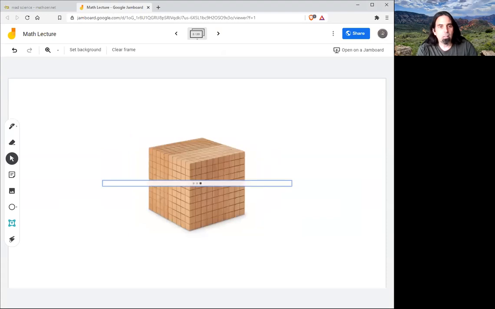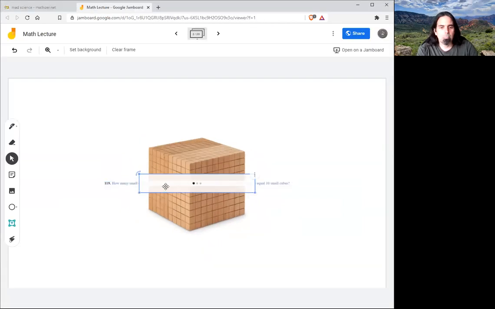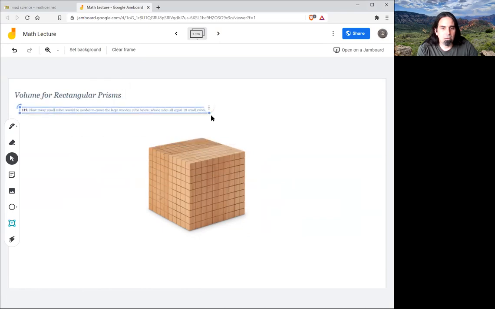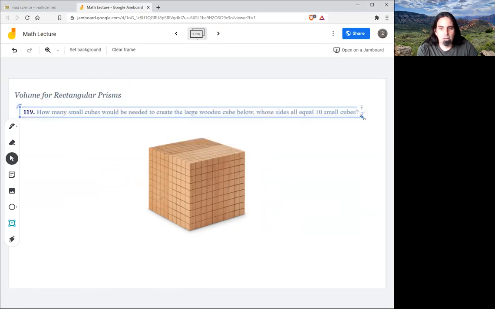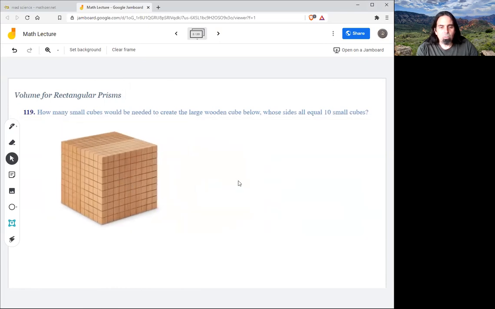So the point I was wanting to make with this picture isn't about base 10 blocks, but that you can think of rectangular prisms.